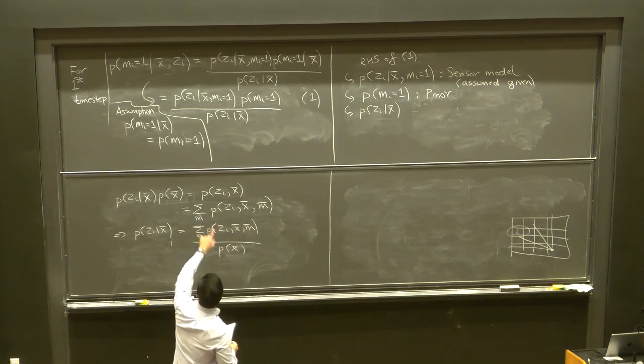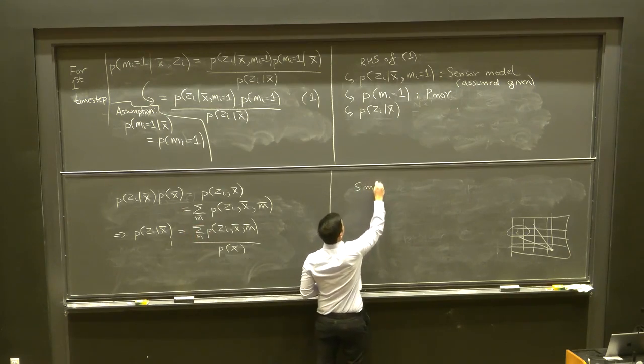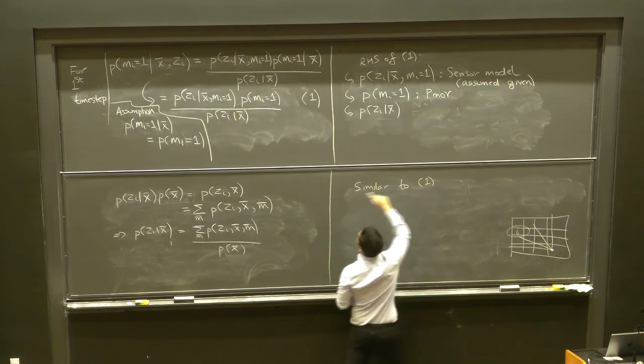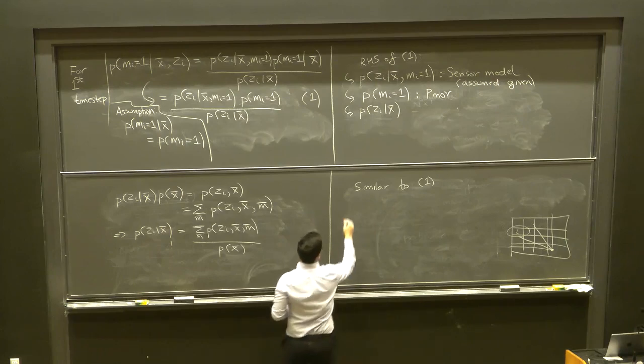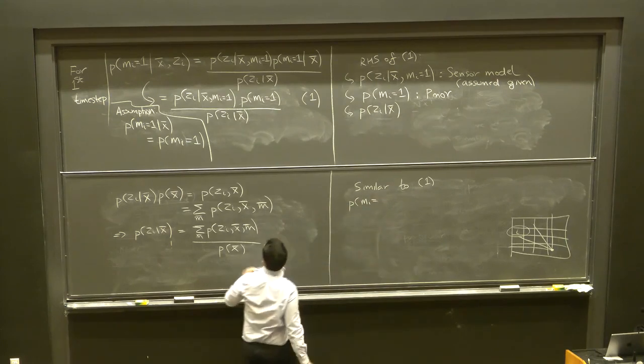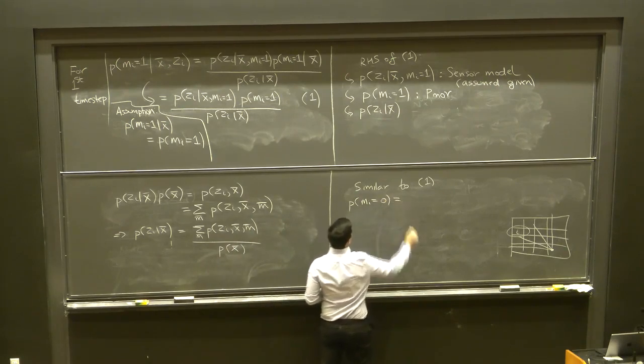So I wrote equation 1. Similar to 1, we can go through the exact same computation up there and get this expression. Instead of looking at mi equal to 1, let's look at mi equal to 0.